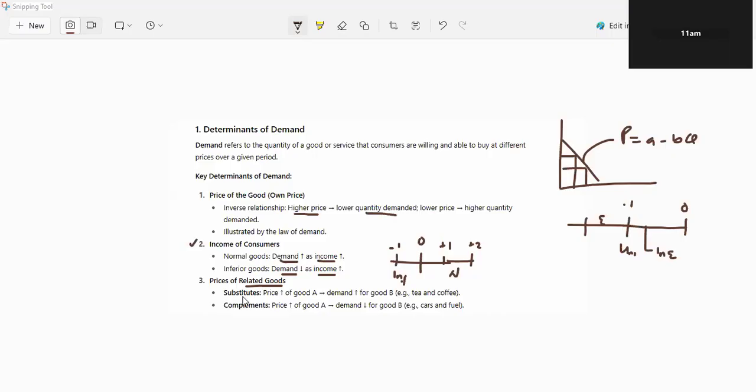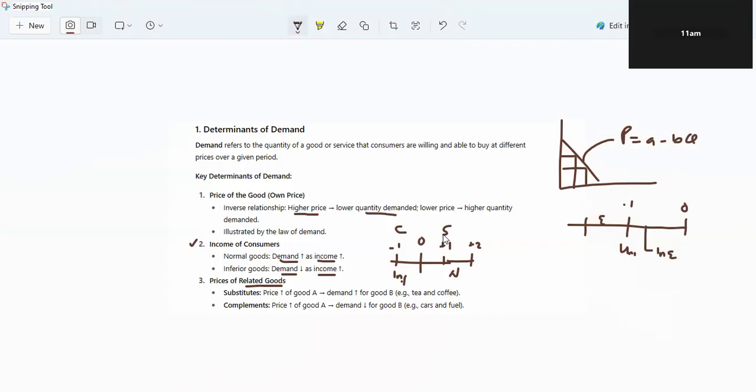So if the price of good A goes up and the demand for good B goes down, it means that these are complementing each other. The elasticity of the related goods is known to be what? Negative. So negative under related goods is a complement, and positive under related goods is a substitute good. So more to these, we will learn how to do the computations.